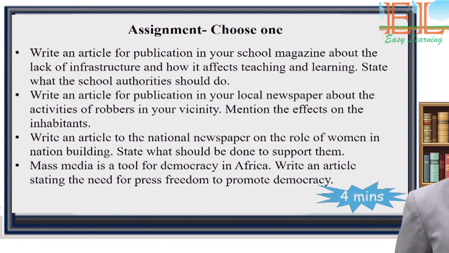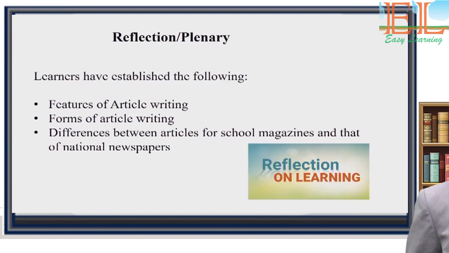Fine. Now, we have established the following. With our discussion on article writing, we now know that articles have features: the heading, introduction, body and the conclusion. With articles, I don't write down anything like subscription or yours faithfully. I only write down my name without a signature.